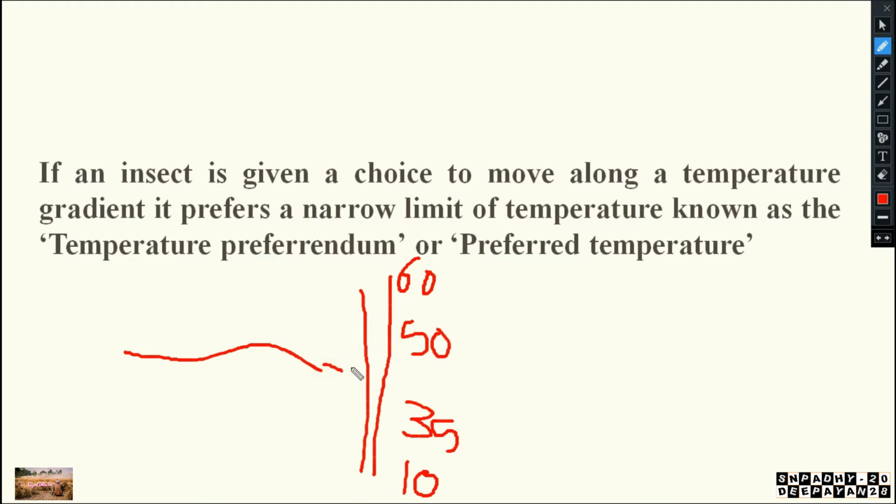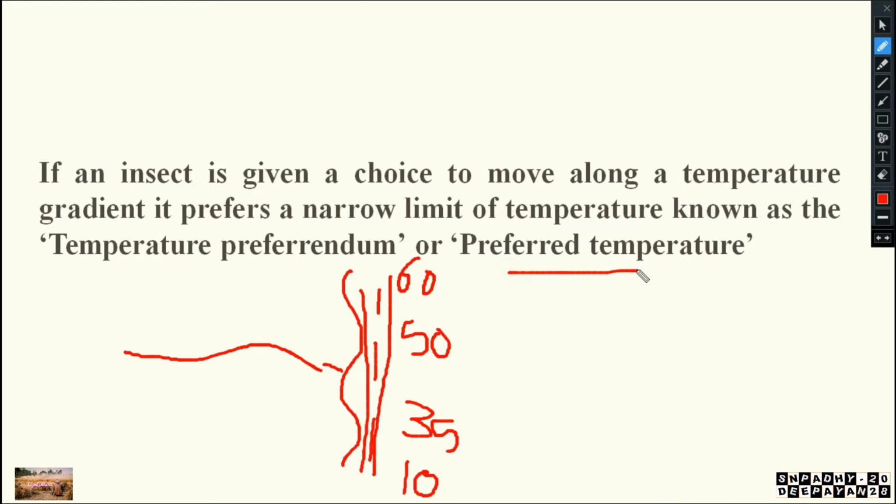This insect will choose a specific range of temperature, not like it will survive the whole range from 10 to 60. It will prefer some temperature range which is optimum for its normal growth and development, and that temperature range is known as your temperature preferandum or preferred temperature.